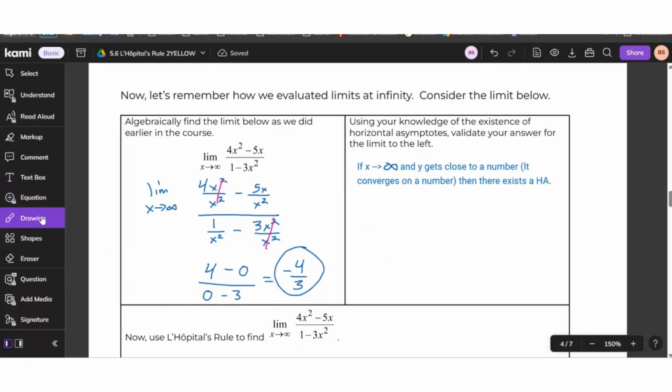Pertuse, is this top heavy, bottom heavy, or power equal? Seriously, stop hitting yourself. It's power equal. You should listen to your boyfriend. All right. So it's power equal. So what did we do? We simply divided the leading coefficients, right? So this would be 4 over -3, which is exactly the same as -4 over 3.